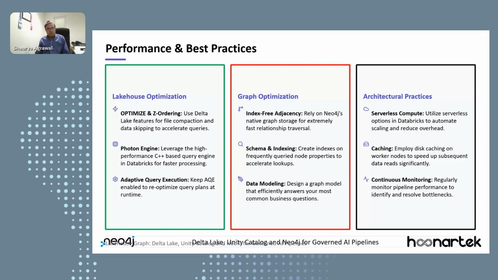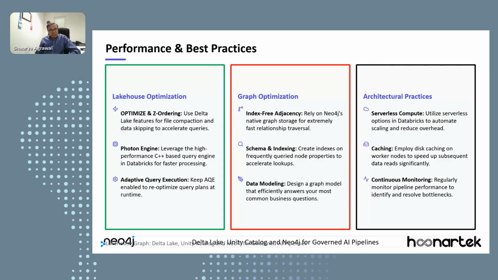Some of the best practices on the Lakehouse side: there's the OPTIMIZE command and then Z-ordering. That is used on the Delta Lake file format we talked about, that uses the Parquet file format for compression and to accelerate the queries. So that is used extensively on Lakehouse.